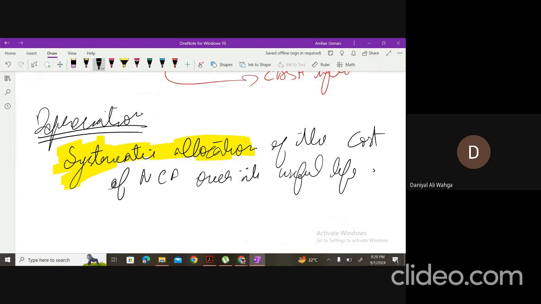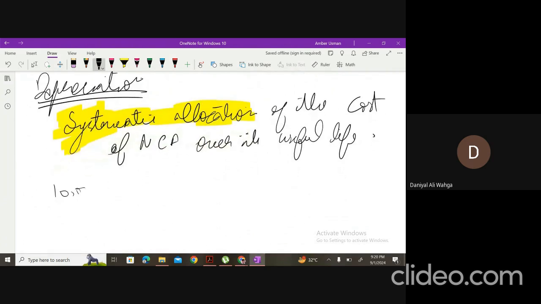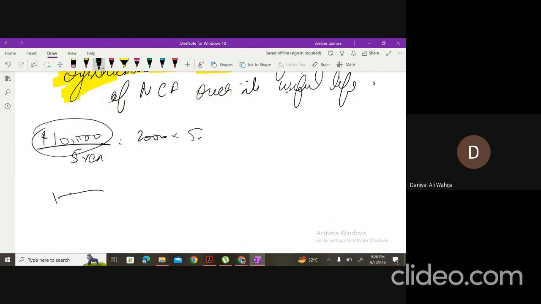Suppose we have acquired an asset for $10,000, and that asset can be used for 5 years. We divide this $10,000 into 5 parts and allocate this cost, $2,000 each year, over a 5 year period.